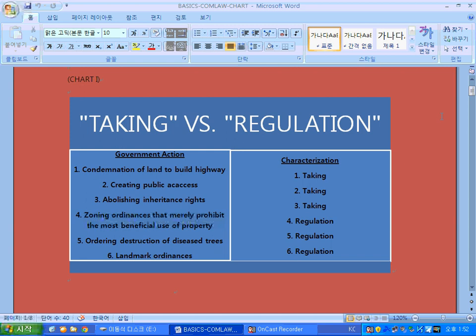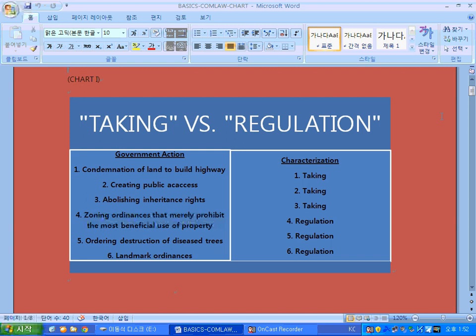Whether the governmental action could be classed as one type of regulation would be critical, because the action should be accompanied by compensation if it is considered to be a taking in a constitutional sense.